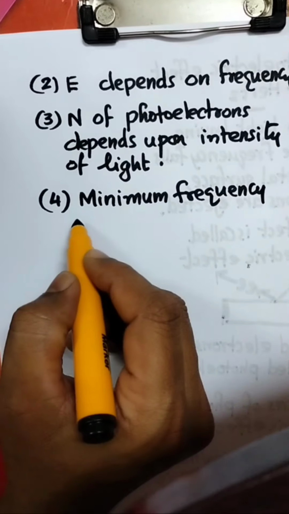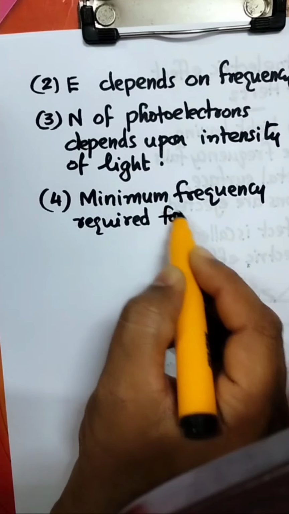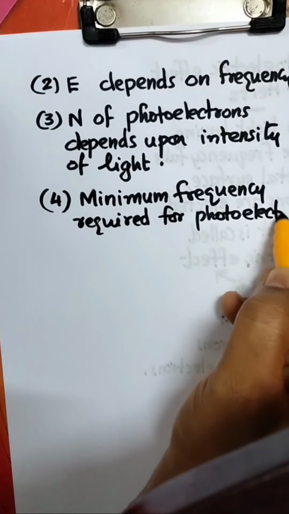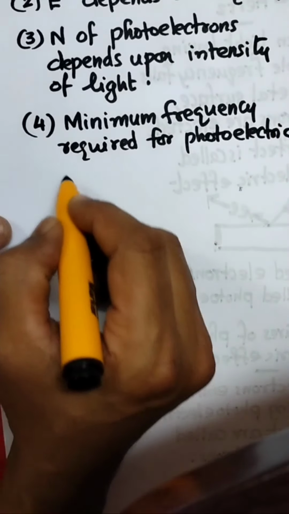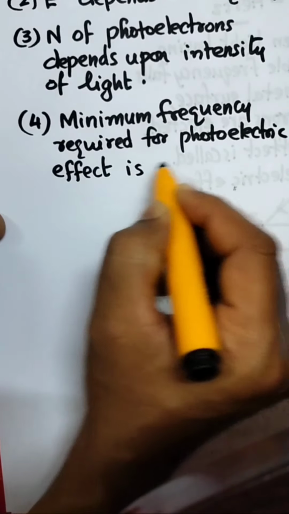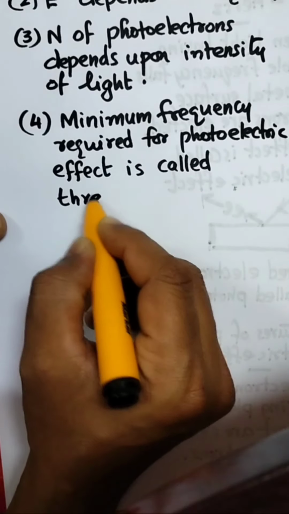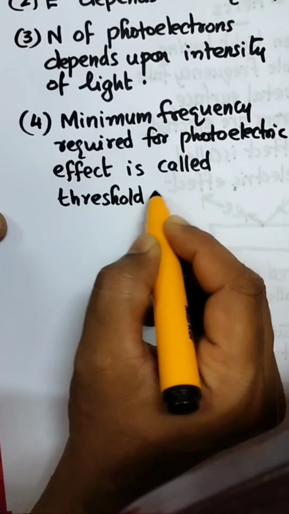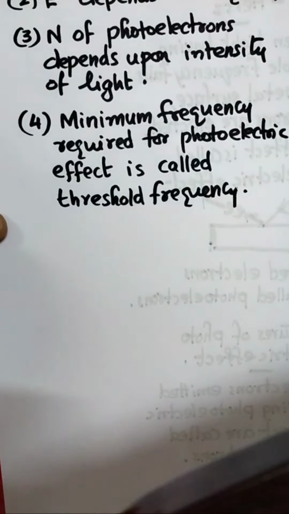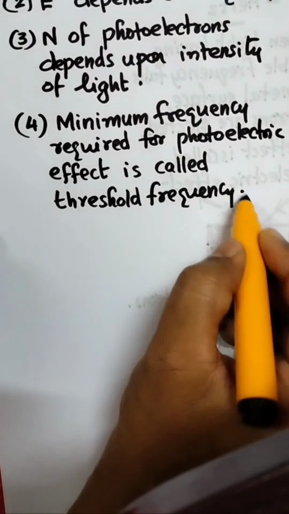Minimum frequency required for photoelectric effect is called threshold frequency.